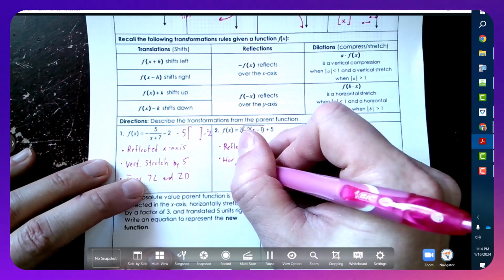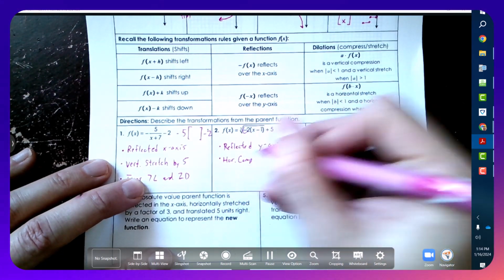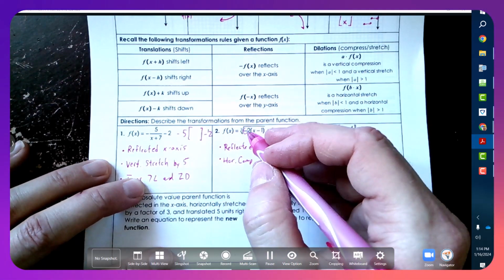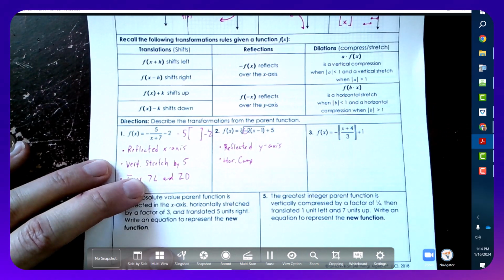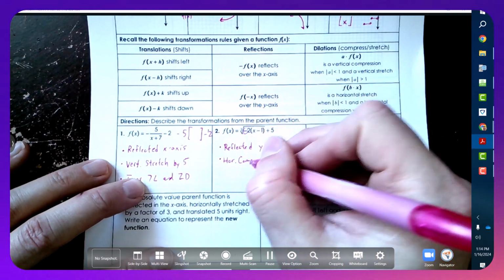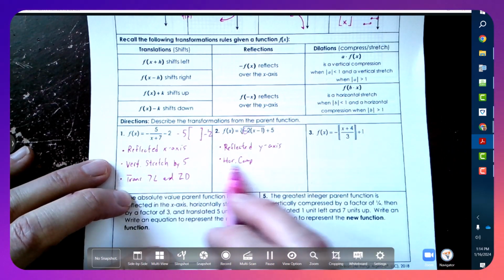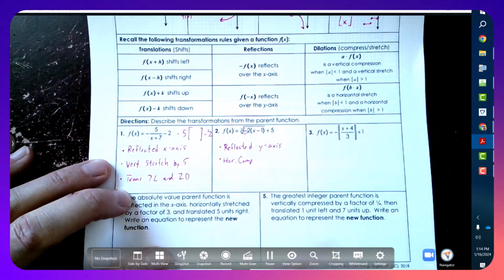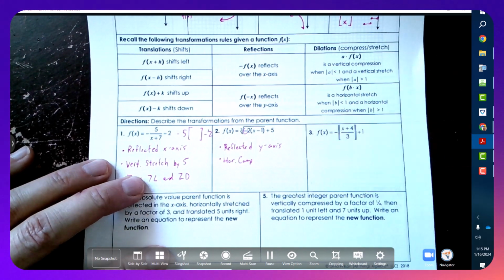So it's the opposite. Why is it the opposite? It's because it's on the inside of the parent function, cozied up to the parentheses. So it is a horizontal compression. It's the exact opposite of a vertical stretch, even though they look like they're the same. They're not. It's on the inside of the parent function.